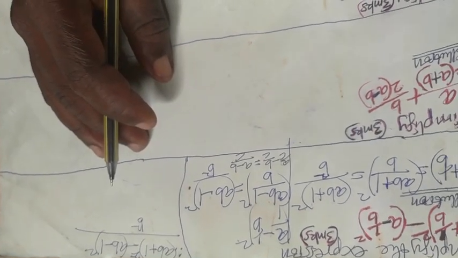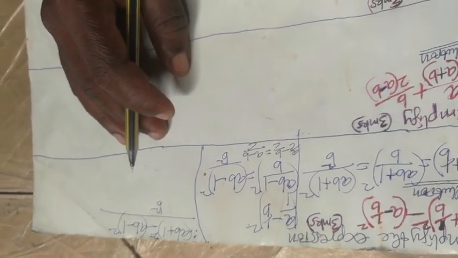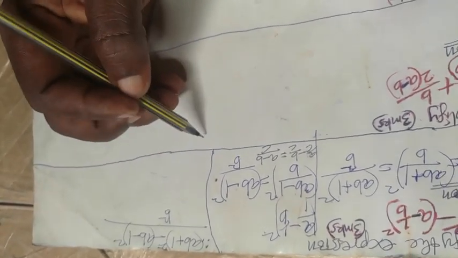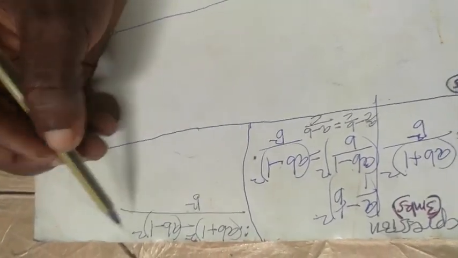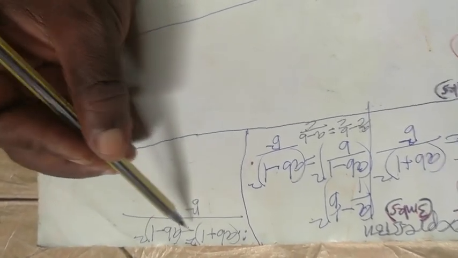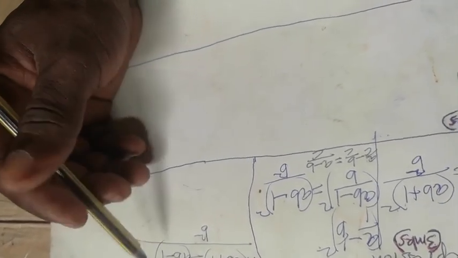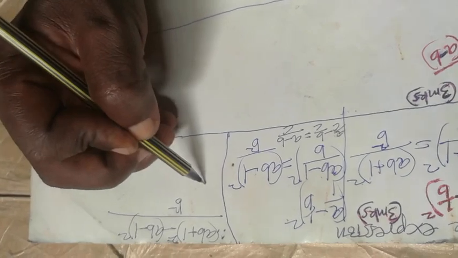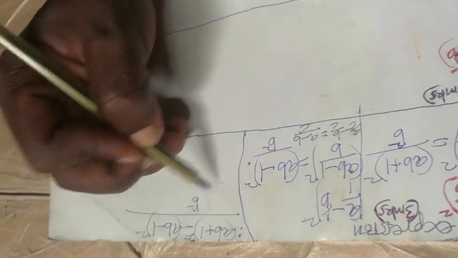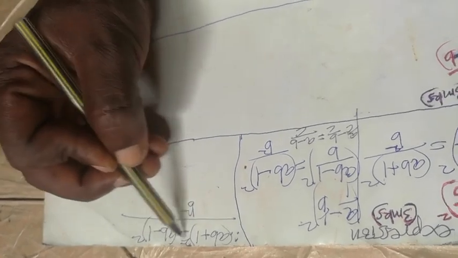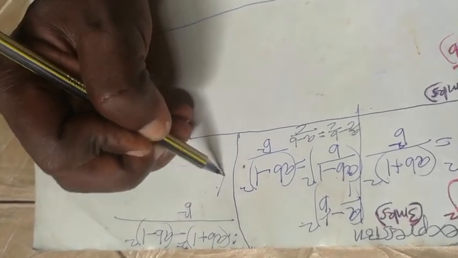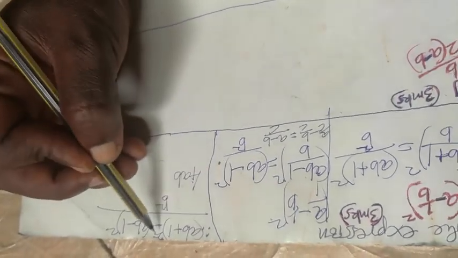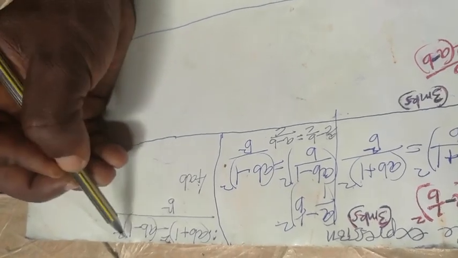Now by factoring out and applying the laws of indices, we are going to deal with the numerator part. We get 4ab, because of our powers 4, 2, and 2.